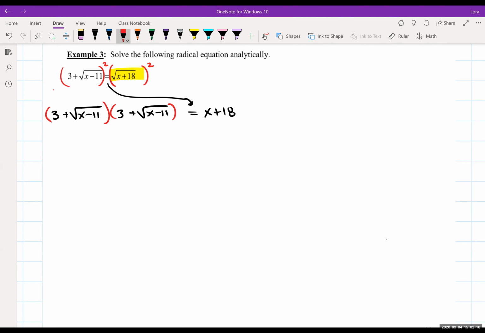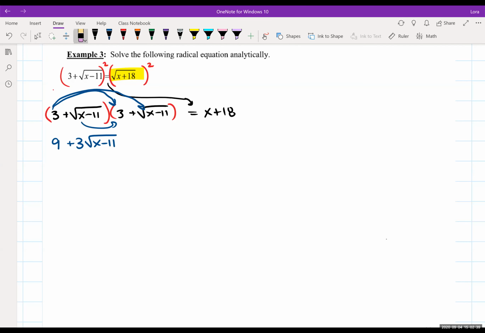And now with this binomial-like expression, in order to simplify, you have to distribute or use the FOIL technique. Or if you have a shortcut, it could work, but be careful. So 3 times 3 gives us 9. 3 times square root of x minus 11, we get 3 radical x minus 11.